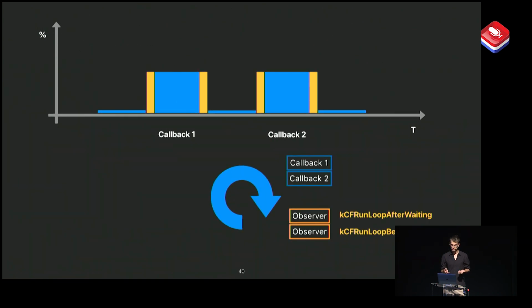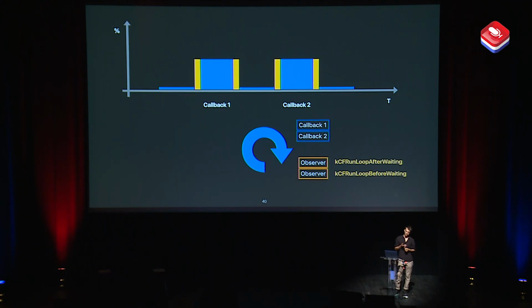Another cool thing about run loops is that you can also attach observers to them. An observer is also a block of code, but this time it will fire at special locations during the execution of the run loop itself. So you can be notified when the thread is put back to sleep, or when the thread just wakes up.